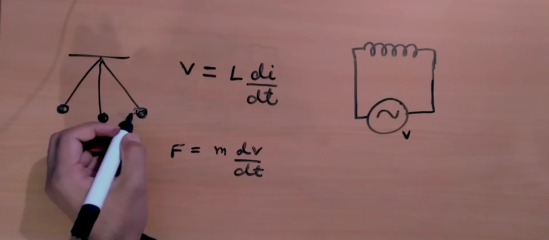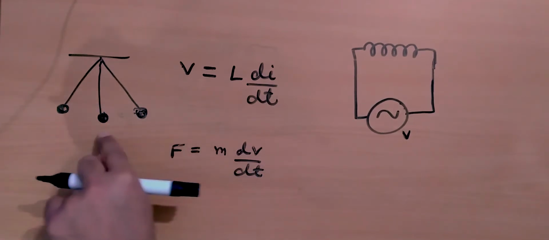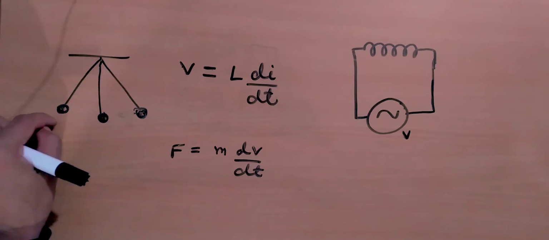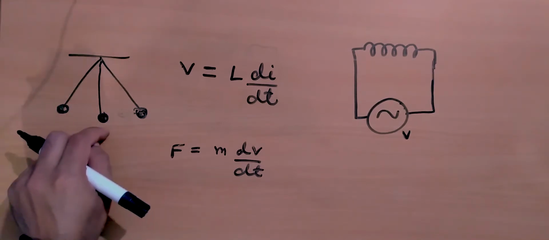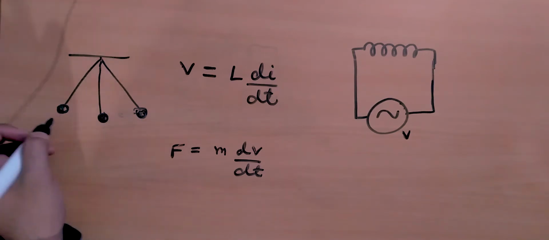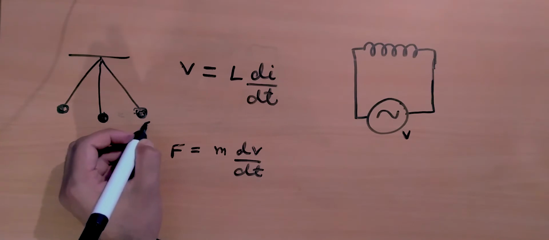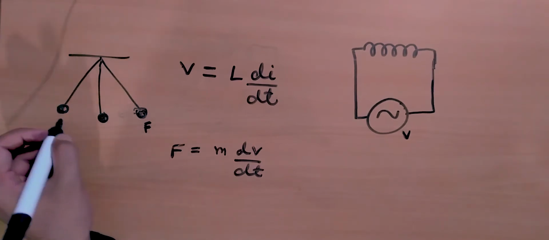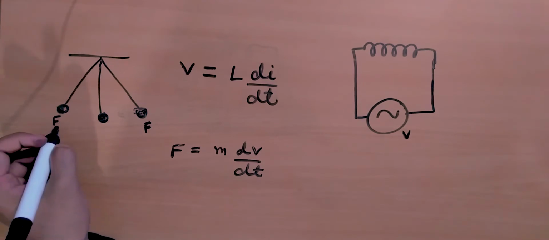Here you have some restoring force, pulling the pendulum in that direction, and when it reaches here, you have some restoring force in this direction, pulling it towards the mean position. So at these two extreme positions, the force is maximum. So here F is max, here F is max, right?